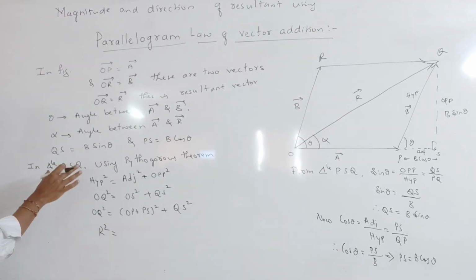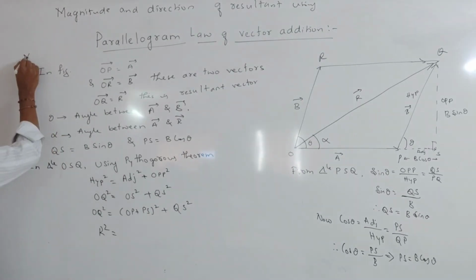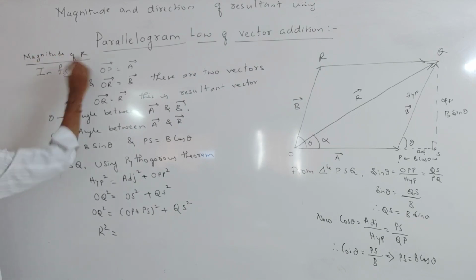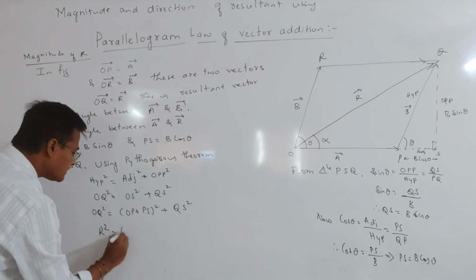So first we are calculating the magnitude of R, that is the resultant vector. Next we are calculating the direction.